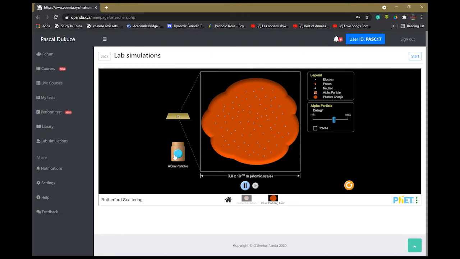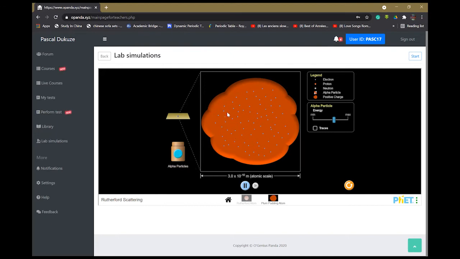There is a source of alpha particles. Remember, alpha particles are like helium nuclei. Nuclei are positively charged, with a mass of 4 atomic mass units because they are helium nuclei, and specifically we call them alpha particles. So here is the source of the alpha particles.